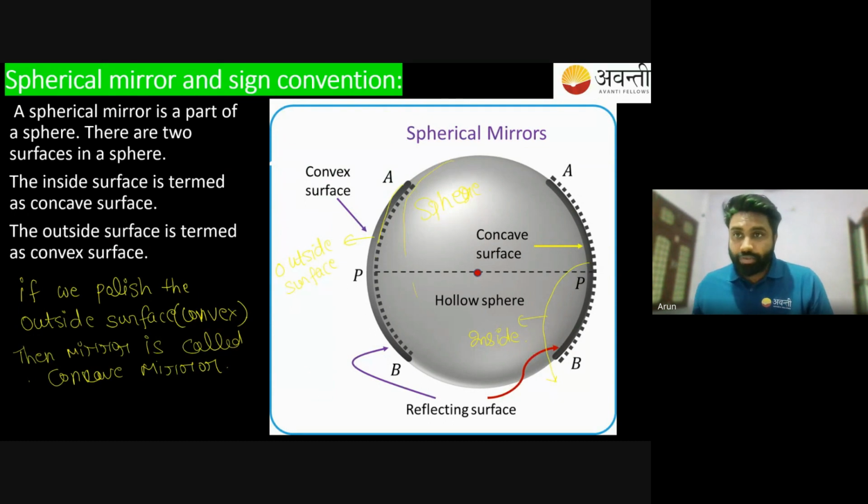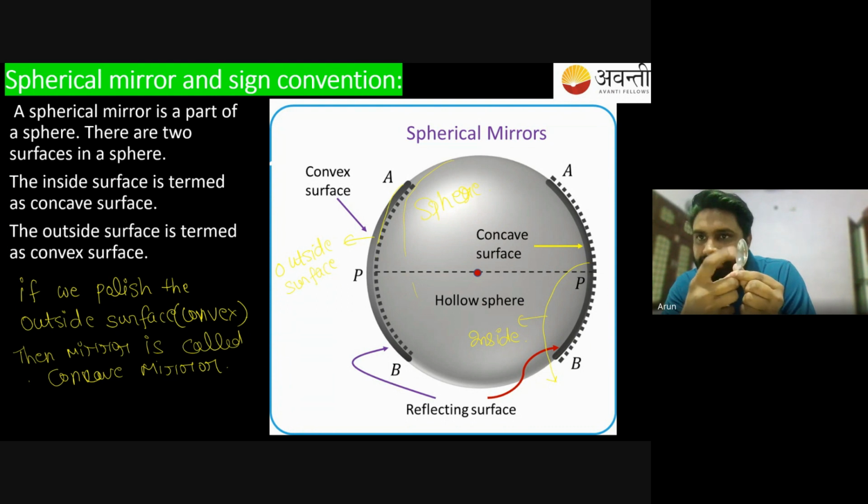Let me show you by an example. All of you have in your house, and in your school also, in your mess, an object called a spoon. This is a kind of both mirrors, it is playing the role.